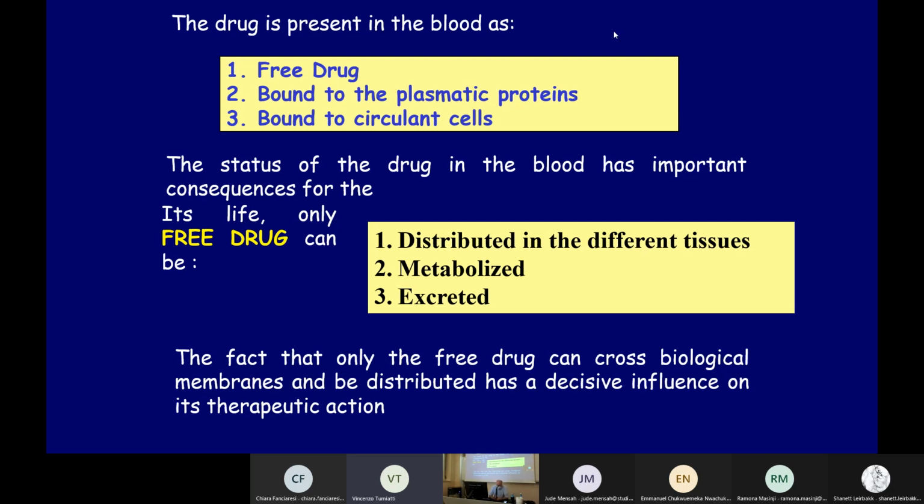We have already described that a drug can be present in different forms inside the blood. Free drug, drug bound to the plasmatic proteins, drug bound to circulating cells. But only the free drug can be distributed, metabolized, excreted.